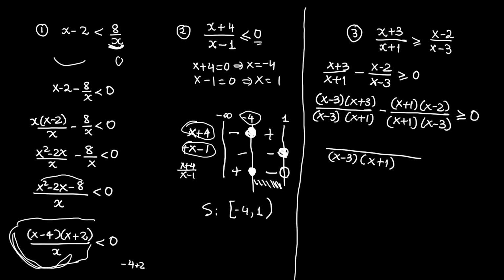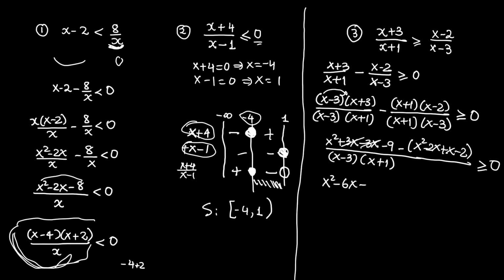Now, the one on top, I can do the multiplication already. x times x, x squared, plus 3x, minus 3x, and then I have minus 9. Minus, here I have x squared, minus 2x, plus x, minus 2, greater than or equal to 0.